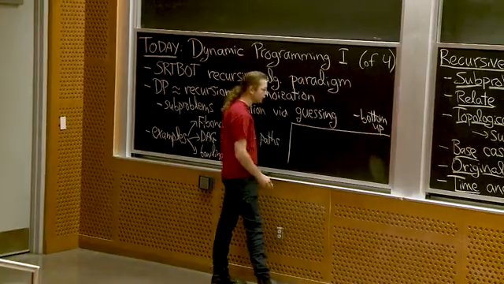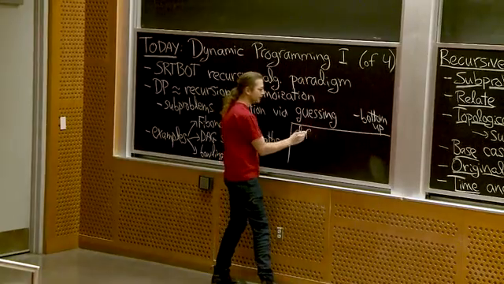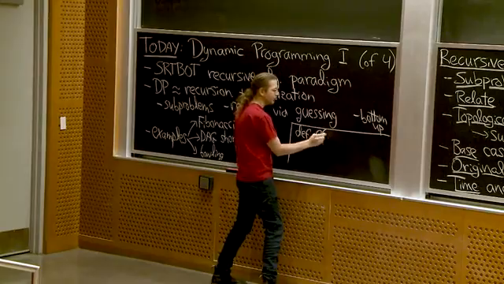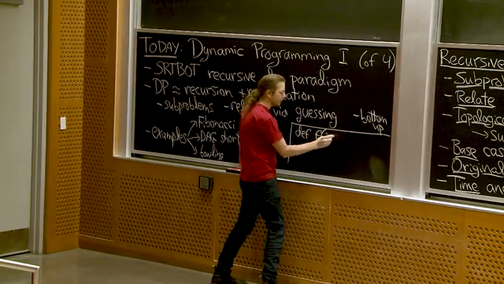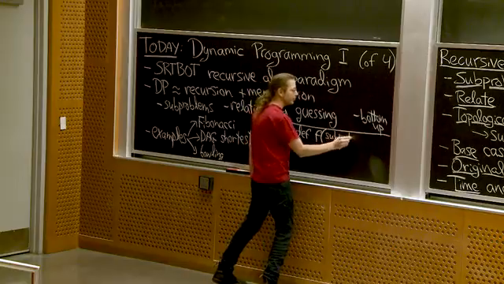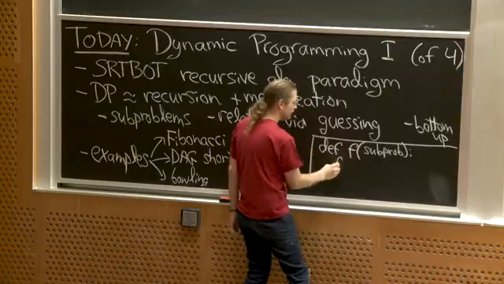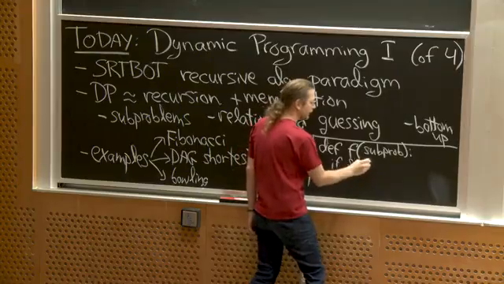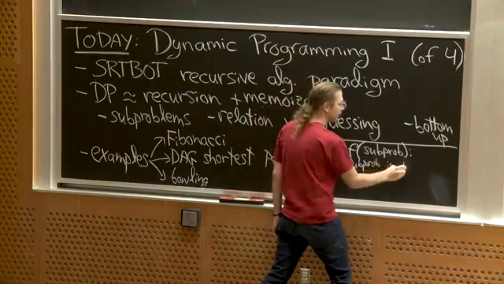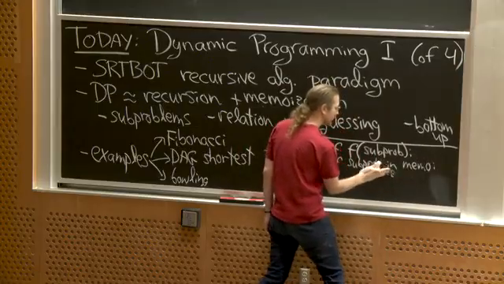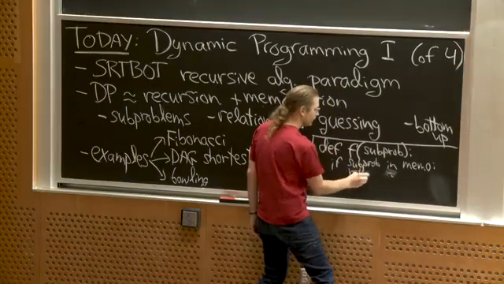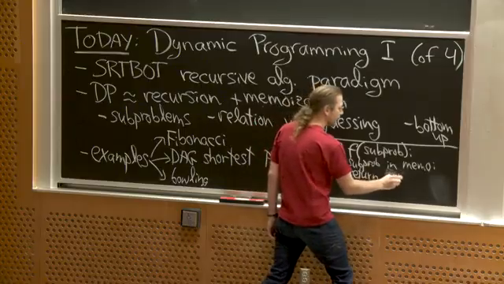I mean, we write a recursive piece of code, which is like def f of some args, some subproblem specification. We check, is the subproblem in the memo table? If so, return memo of subproblem.